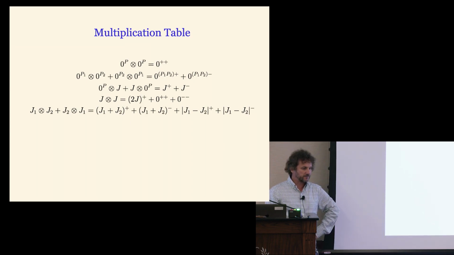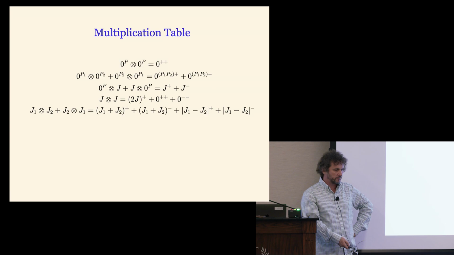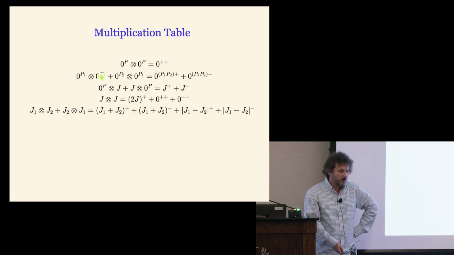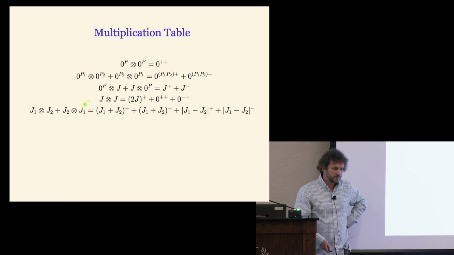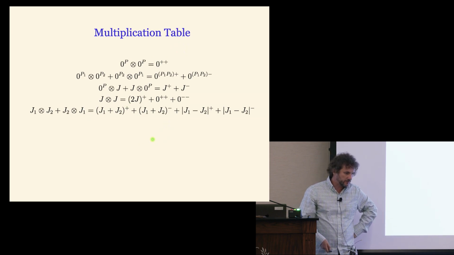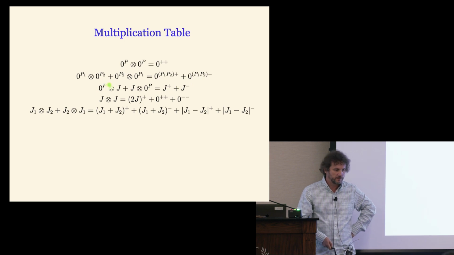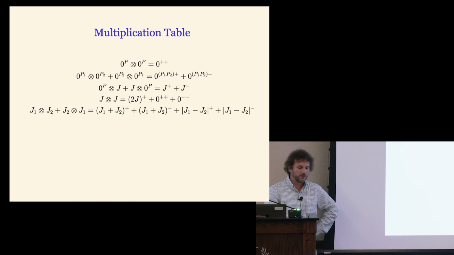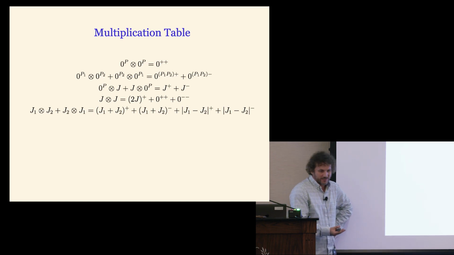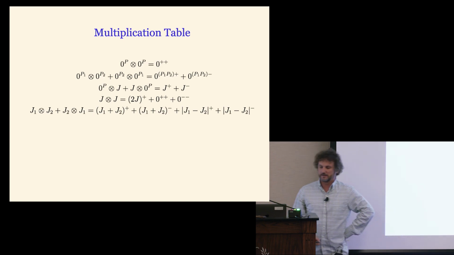In particular, this fact which I told you before, that odd spin states always appear in pairs of opposite C parity, you can see here. The odd spin states can only come either on this line or on this line, and they always come in pairs of opposite C parity. So it was really very hard to get around that.